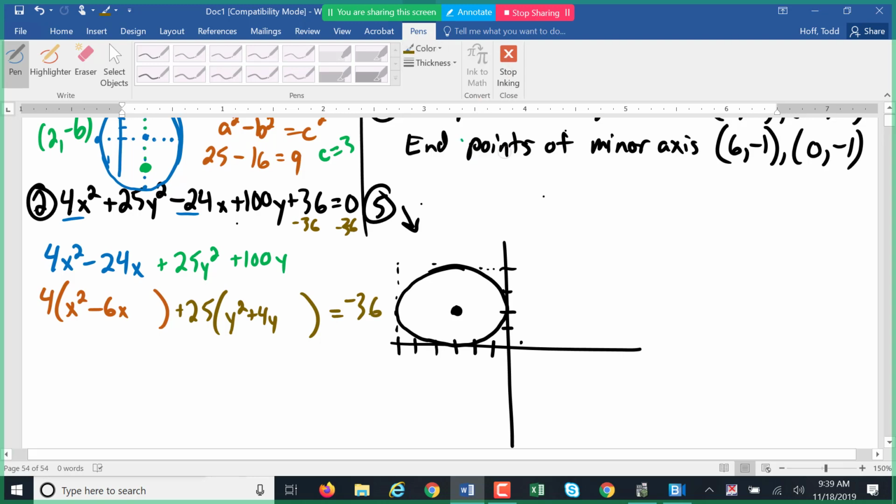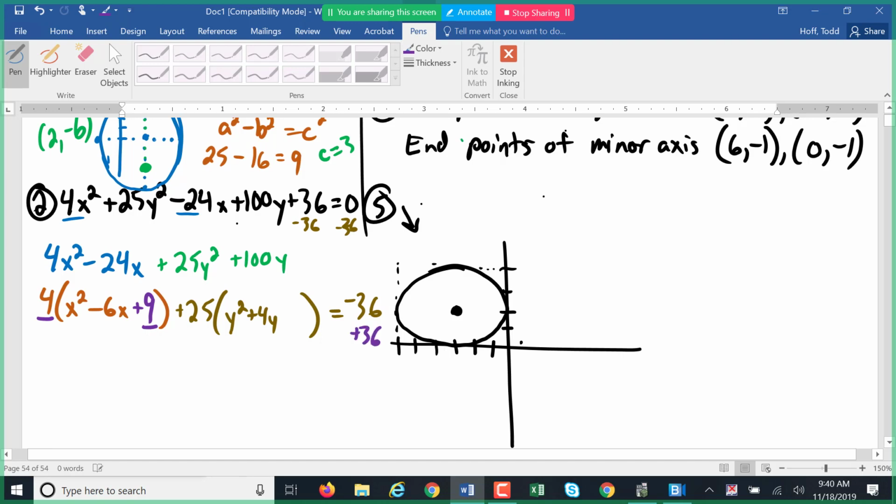So now I have to complete the square for both the x and the y terms. For the x terms, this is a -6, so we divide that by 2, which is -3. Then we square -3 to get 9. So it has to go in here as a 9. Now what we added was 9 times 4, which is 36.